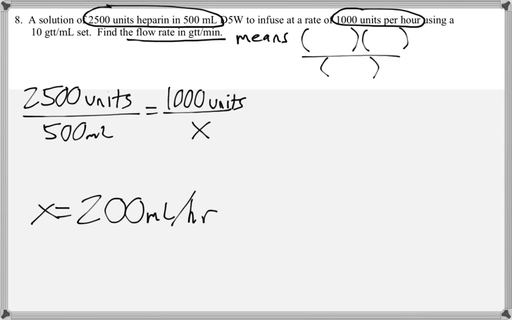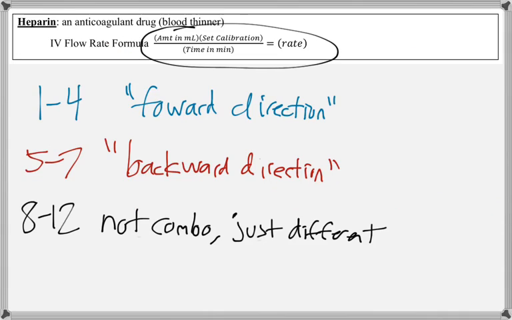Okay, so now we're ready to look at the formula, and if we look back at it, it's the amount in milliliters times the type of tubing, which is the set calibration, and then divide that by the time in minutes.